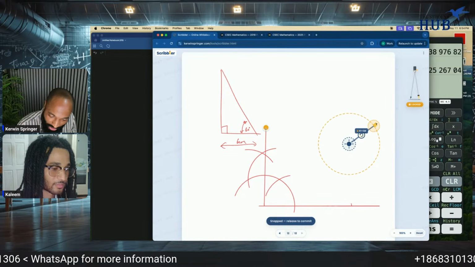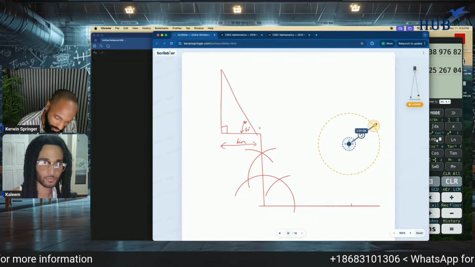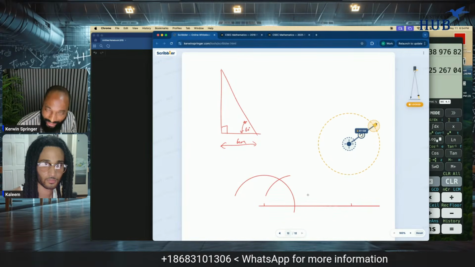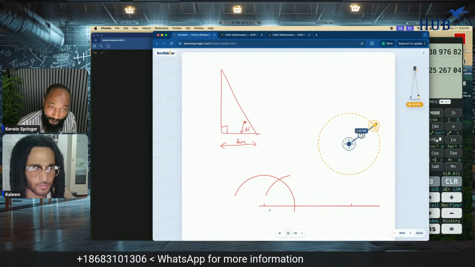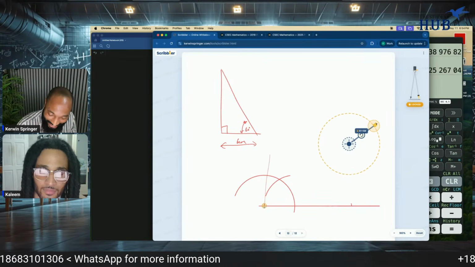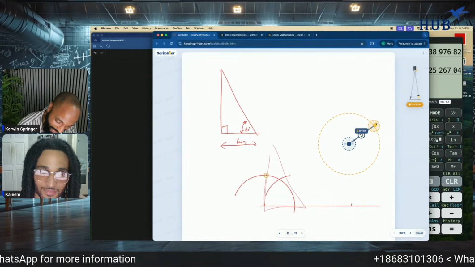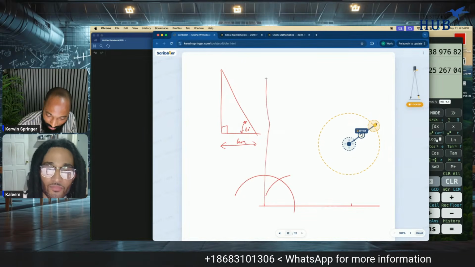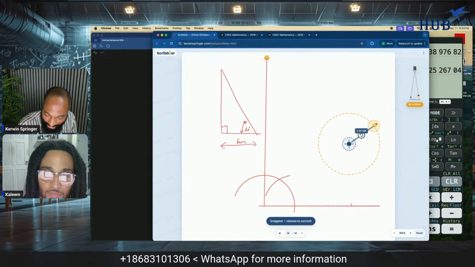But I want to show you a trick with this, because look how off I am. This thing is not grabbing the center where I want. So a trick I do is take my set square, line up the 90, and draw it one time using your set square.